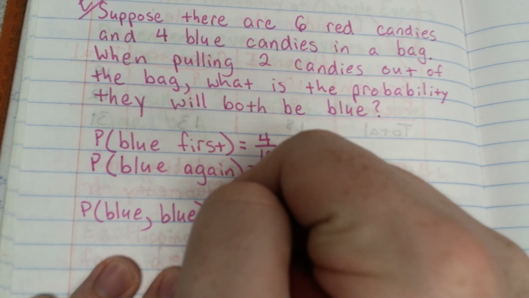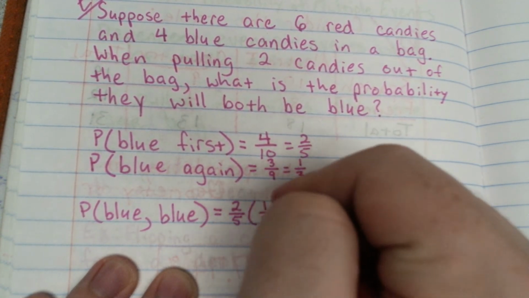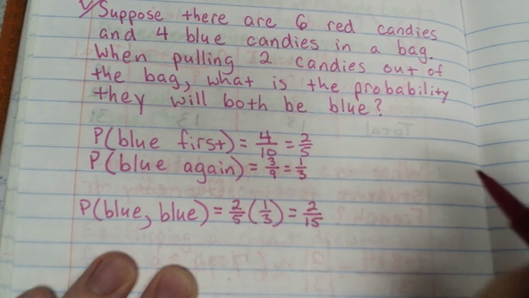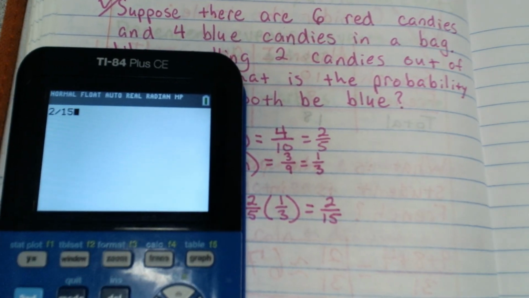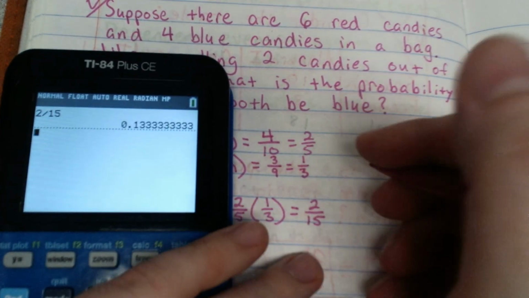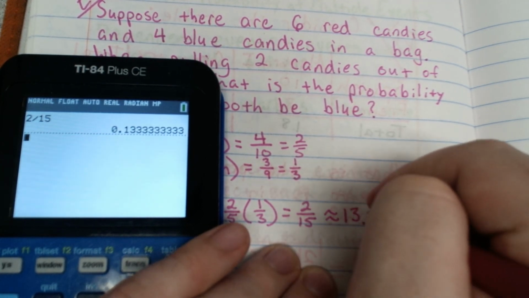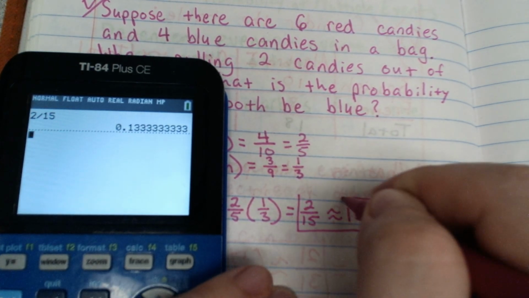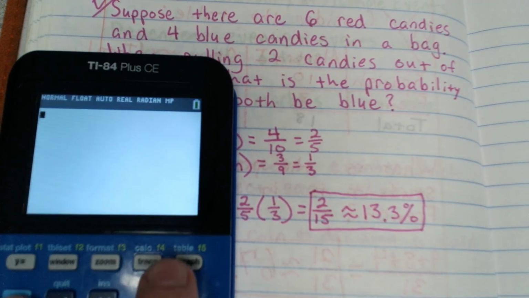So that is 2/5 multiplied by 1/3, which is 2/15. And if I wanted to know what 2/15 was, 2 divided by 15 is about 13.3%. So that is a case of how you could handle 2 dependent probabilities.